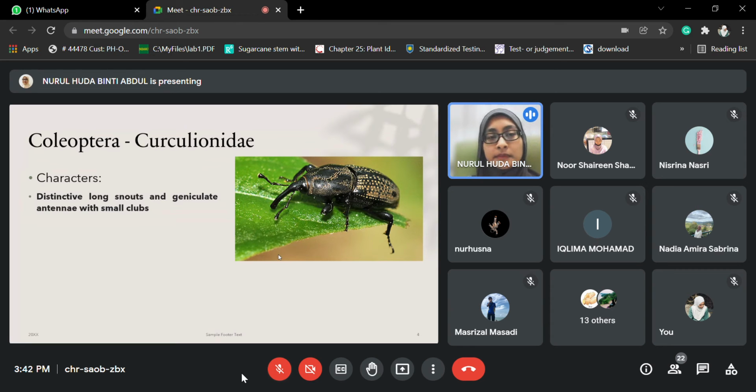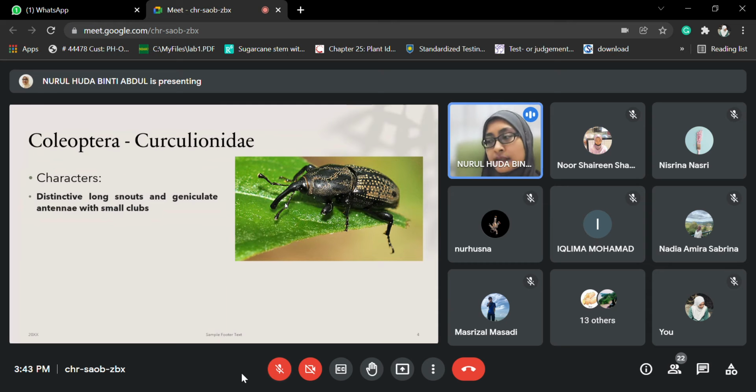So for Coleoptera, tadi kita dah tengok in our class, there are a lot of example for Curculionidae, which is weevil. Okay, so the main character for weevil is their long snout or beak here, as you can see in the picture, and they have geniculate antenna. Okay, there are 2 parts. Dia macam geniculate ni is more like an elbow.